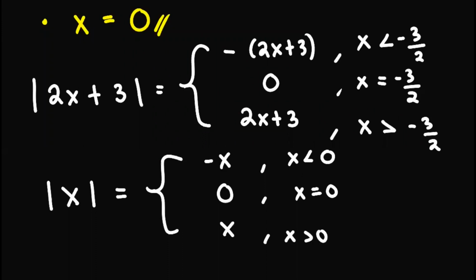So you can try out some test values out here at x less than 0 and x greater than 0, and you will see that this is indeed the absolute value representation of those values at a certain x.